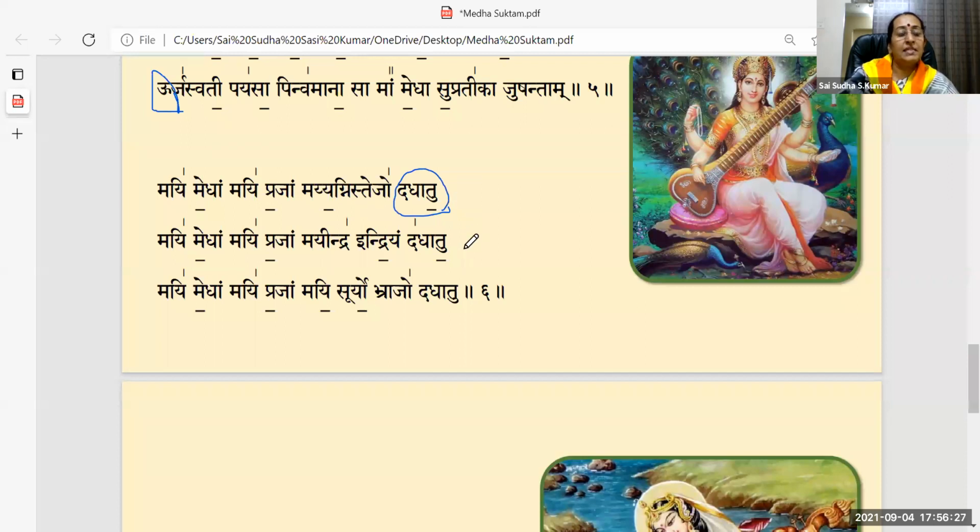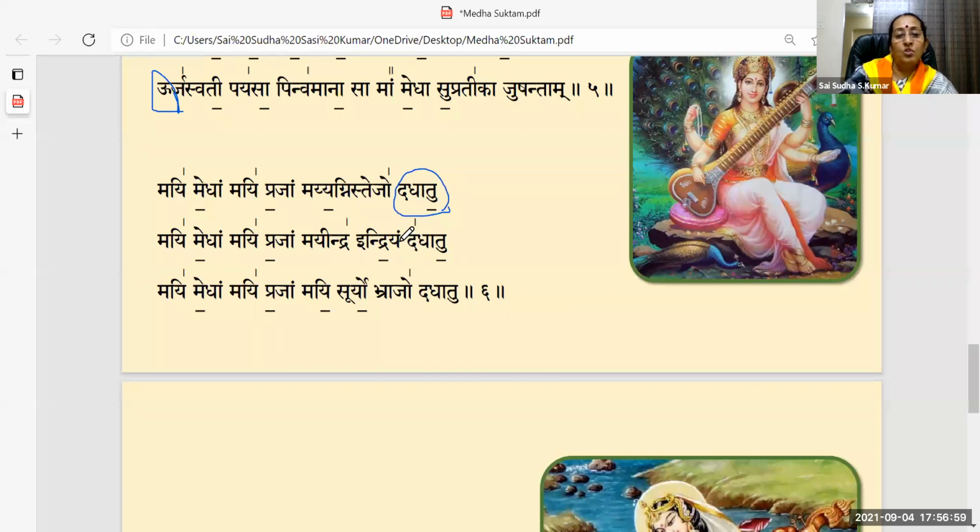Then the next line, Mayi Medham, Mayi Praja, Mayindra. So here there is a tendency to break it as May-indra. That is not required; we have to chant it as Mayindra, Indriyan Dadhatu. Now here there is an Anuswara followed by the letter dha.